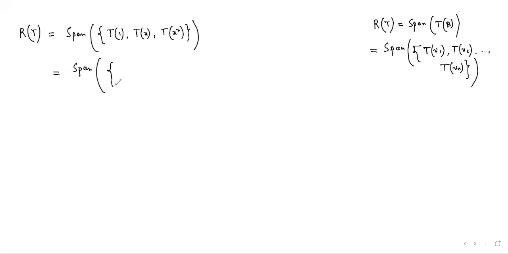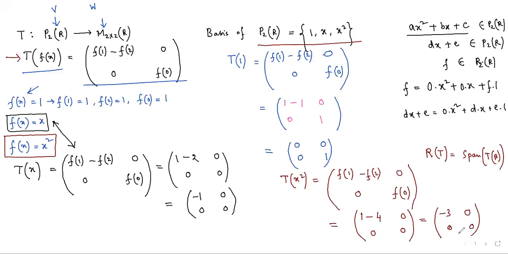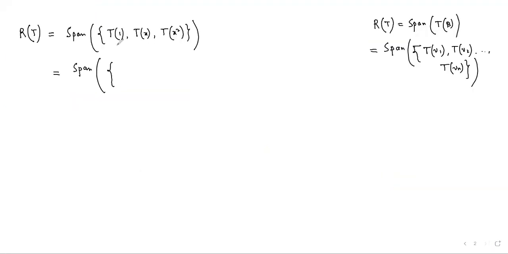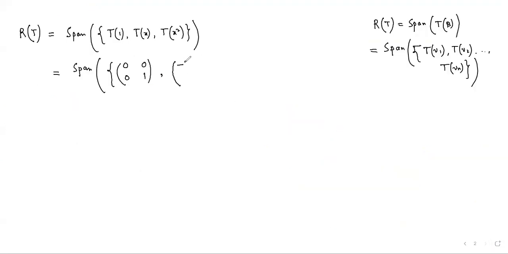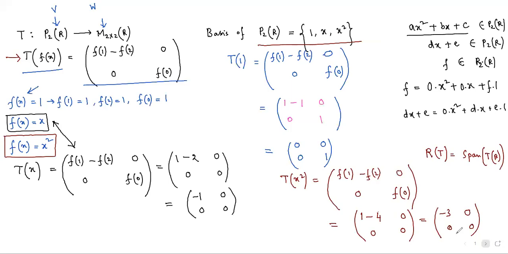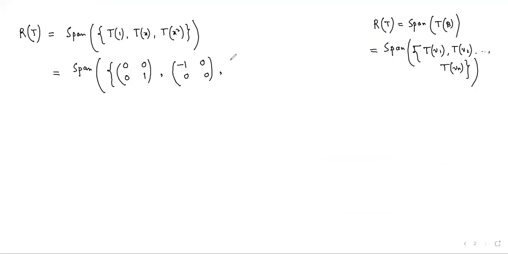Now what is T of 1? T of 1 is 0, 0, 0, 1. What is T of x? T of x is minus 1, 0, 0, 0. And T of x squared is minus 3, 0, 0, 0.